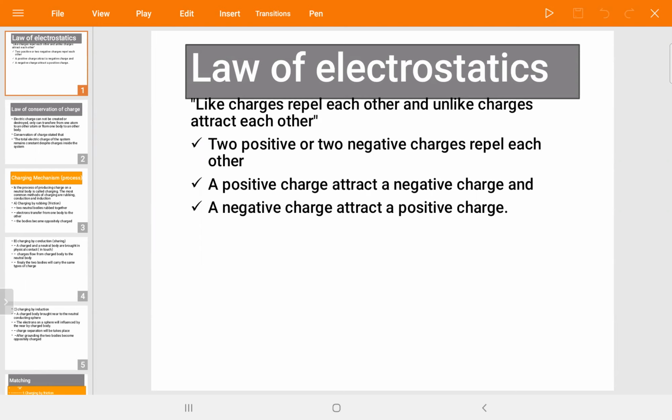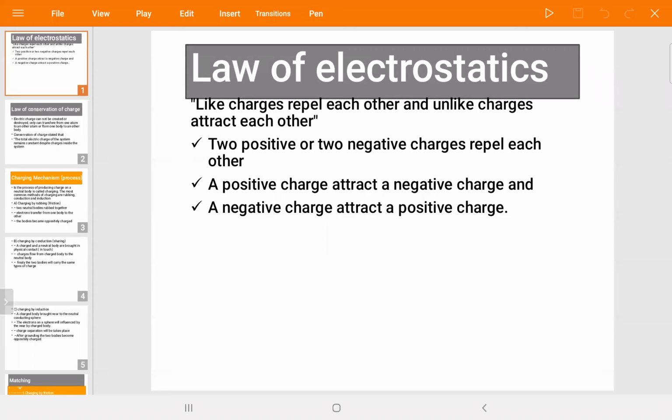As you know, the building block of all materials or matter is the atom, and an atom is said to be neutral at normal condition. But it doesn't mean that an atom doesn't possess electrical charge.